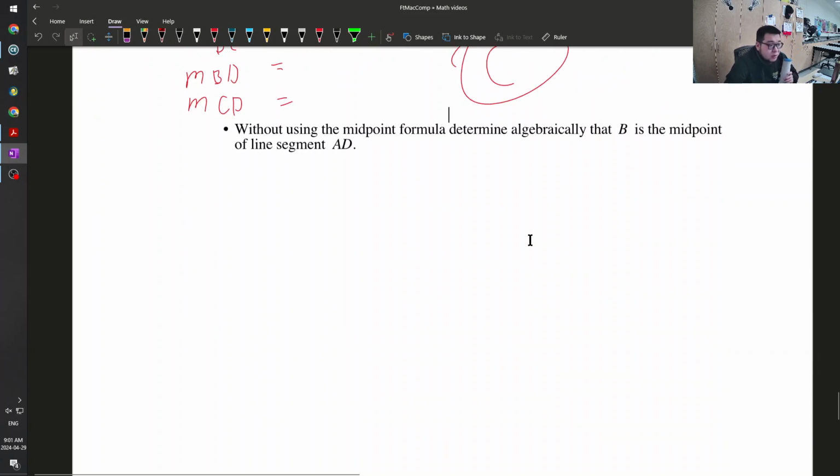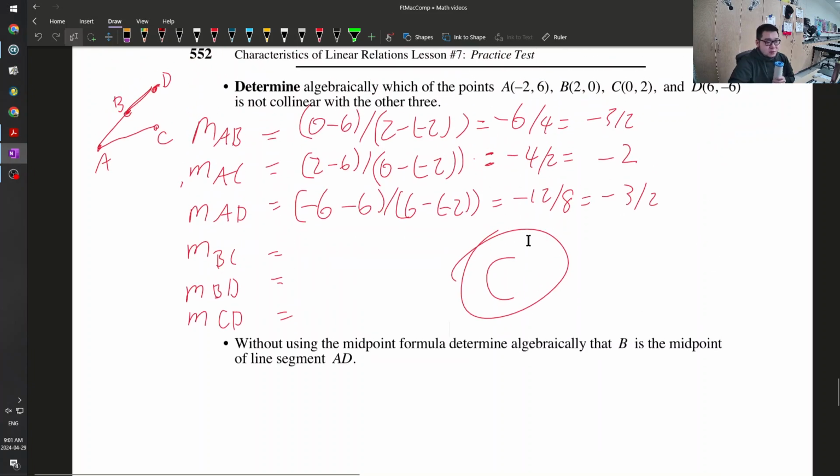Okay, last one. Without using the midpoint formula, determine algebraically that B is the midpoint of segment AD. So we have the midpoint formula.